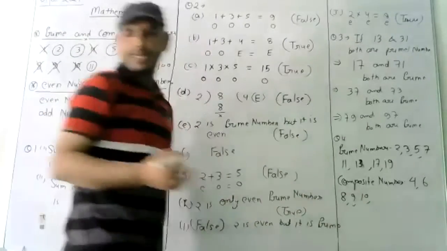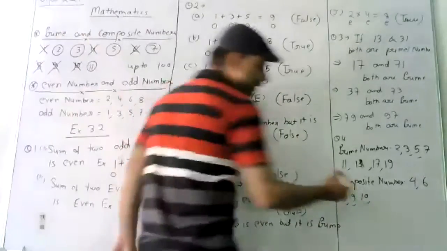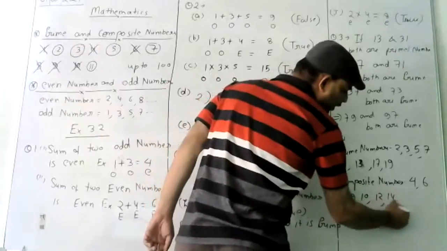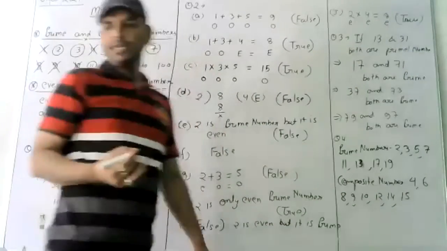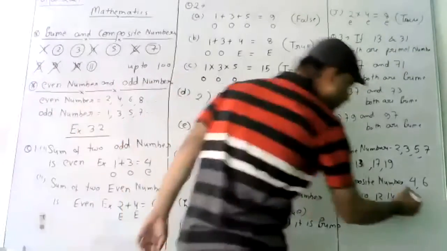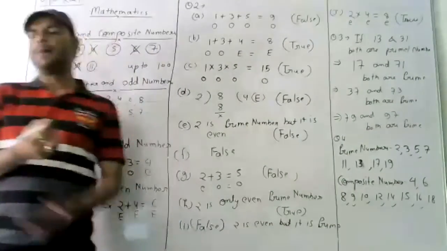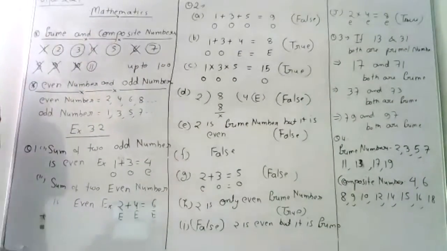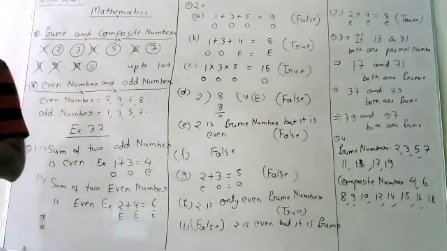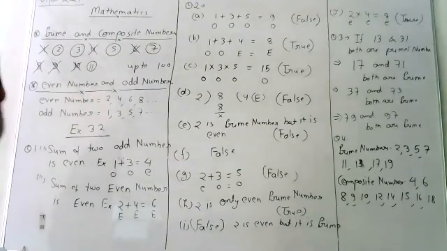Then 10, 12, 14, 15, 16, and 18. These are the composite numbers which are less than 20. Is that clear? I will send this image to your group.